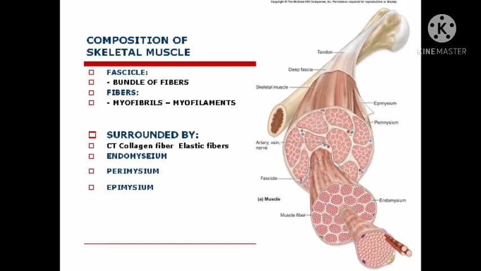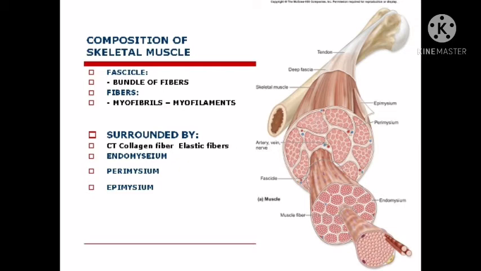Now, there is a term we use, the deep fascia. I will tell you later in a separate lecture about the deep fascia. The deep fascia is a thick, fibrous connective tissue sheet that connects the various organs with each other. Somewhere it is strong and somewhere it is thin.